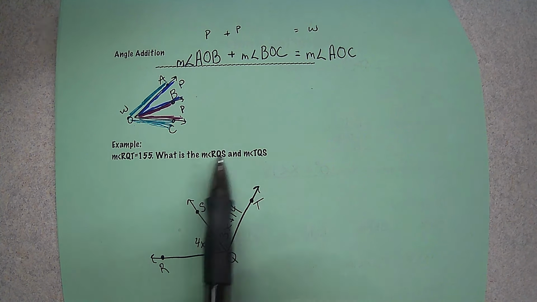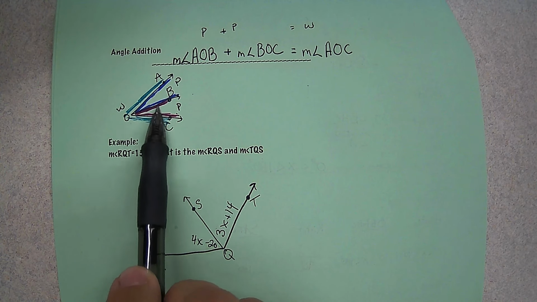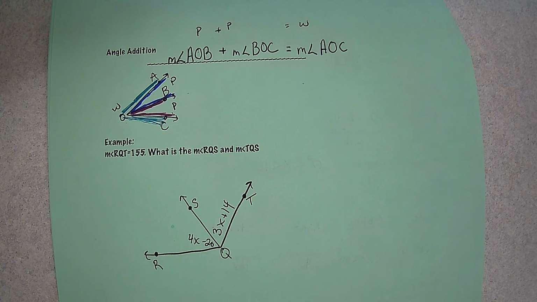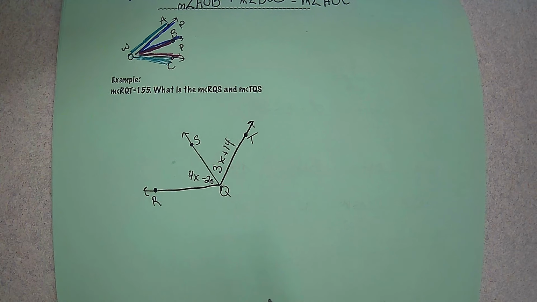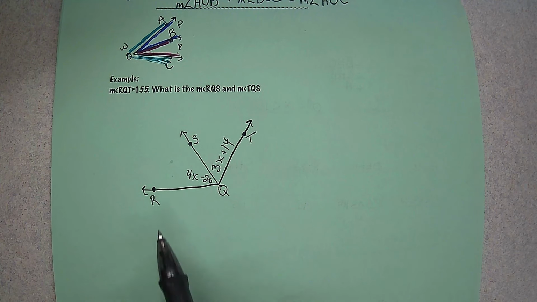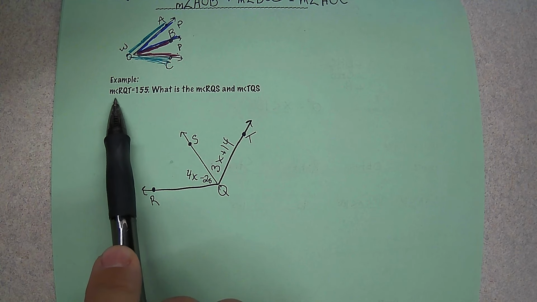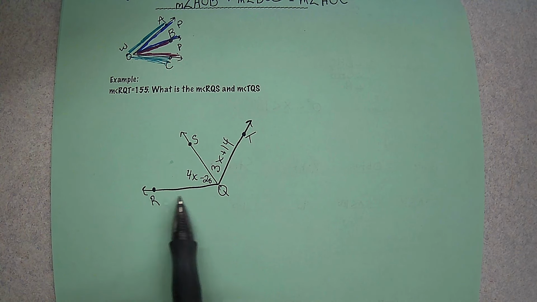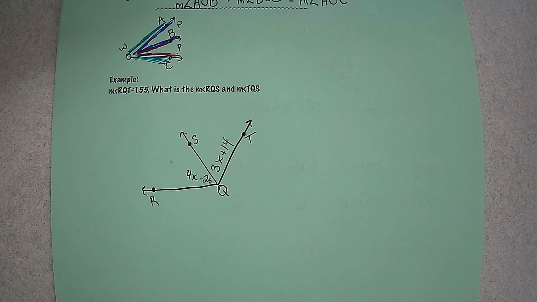What we're going to do is use that information, saying that I can add up these two smaller angles and that adds up to the bigger angle, in a problem that looks like this. So here, it tells me that the measure of angle RQT is 150 degrees.